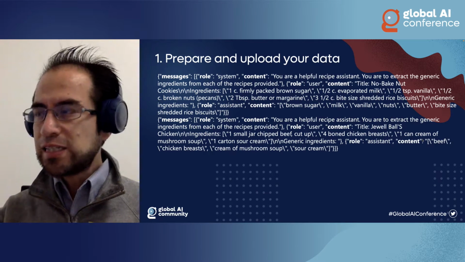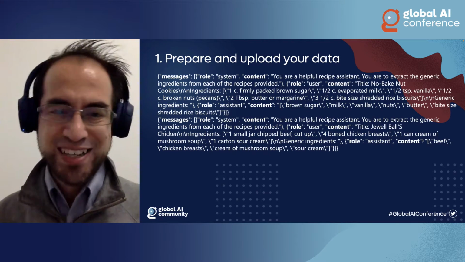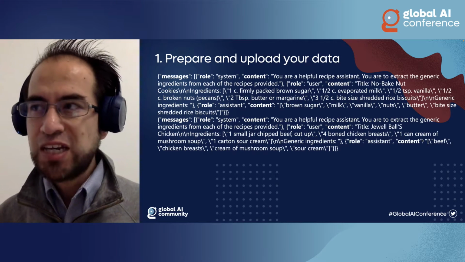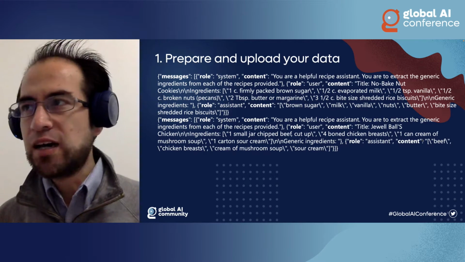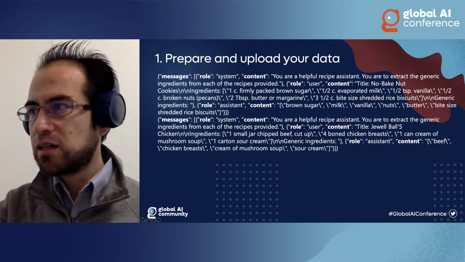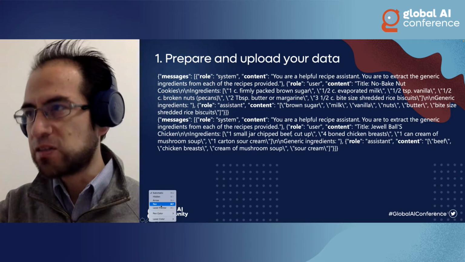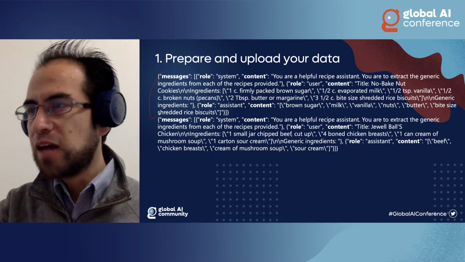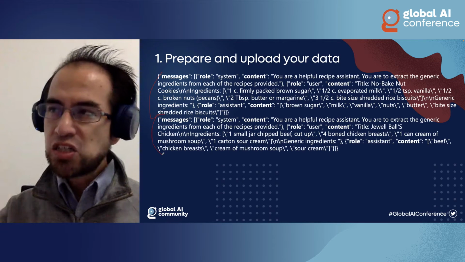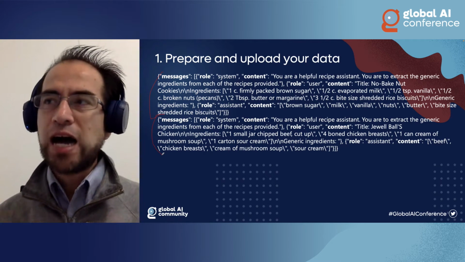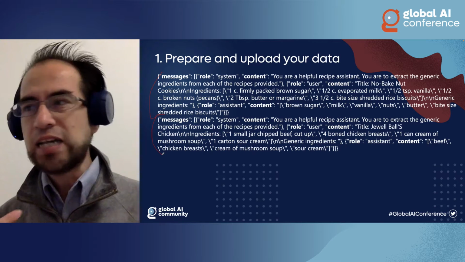Even though we can see several lines, actually these are 2 lines. One is the first element, and this is the second one. Each of them is part of a JSON-L or JSON lines file.